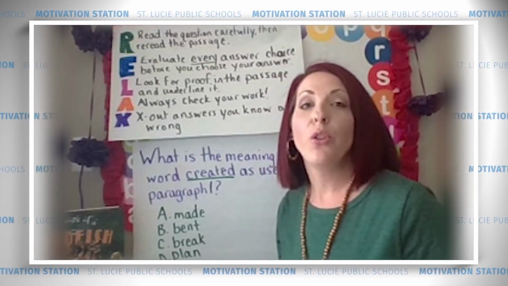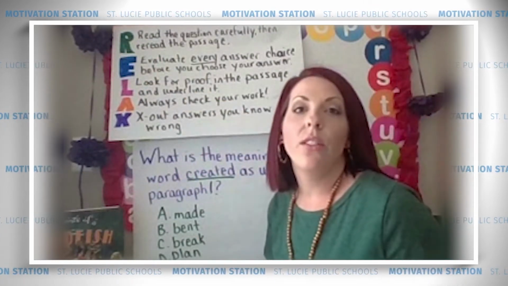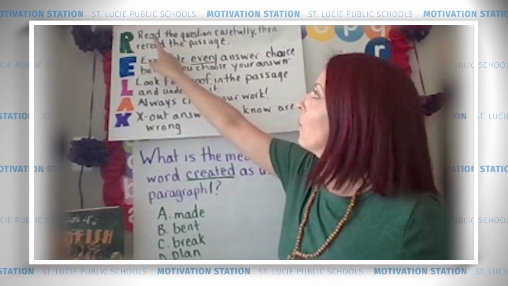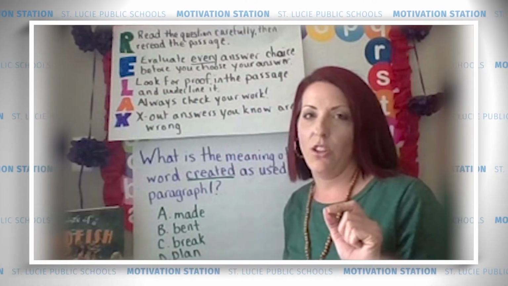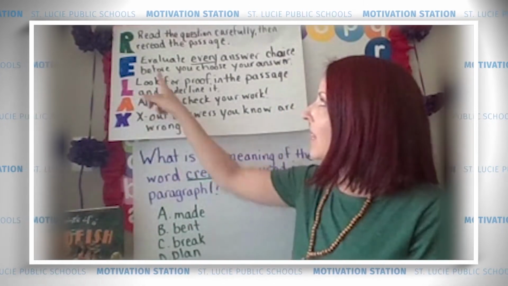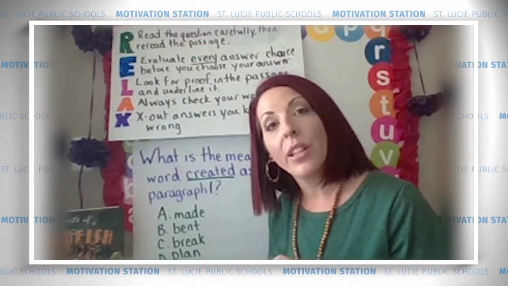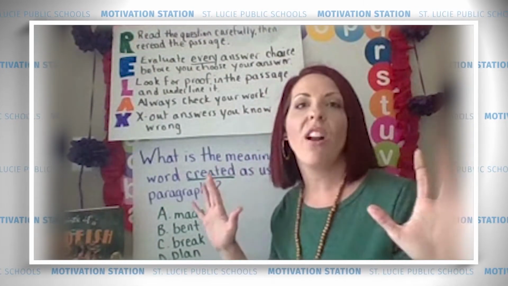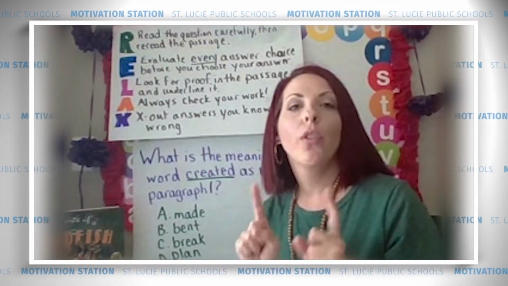Remember, when you use the RELAX strategy as you're reading, the R stands for read the questions. Remember that R, read the questions carefully, then reread the passage. So we want to make sure we read the questions and then reread the passage. The E is to evaluate every answer choice. So look very carefully, even if you think you know it right off the bat. The L stands for look. Look for proof.